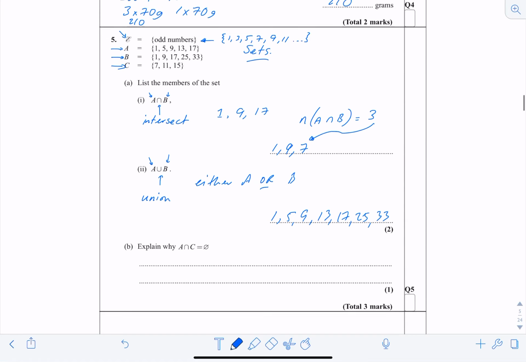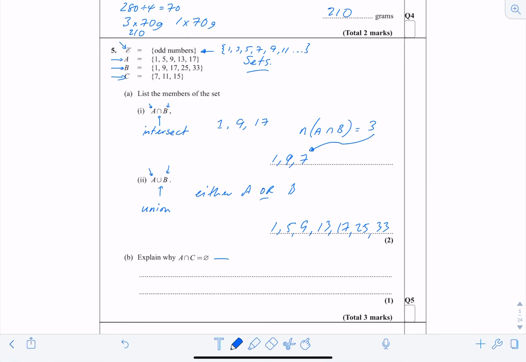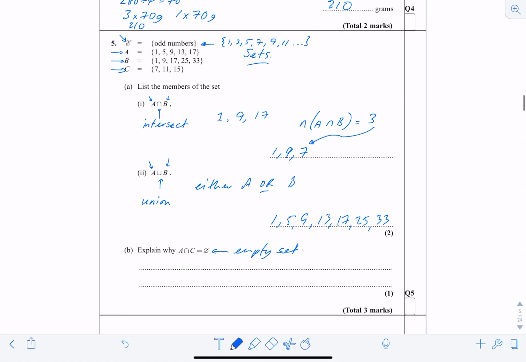Explain why A intersect C equals the empty set. Basically, the empty set just means a set that has 0 elements in it, has no elements in there. Why is A intersect C the empty set?